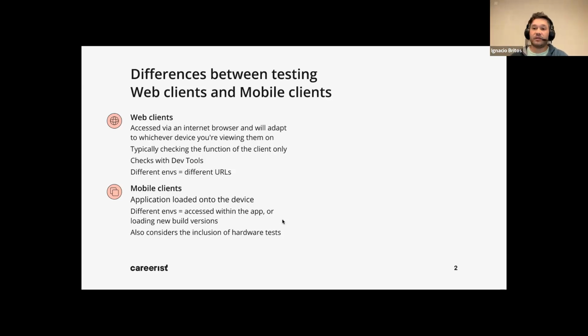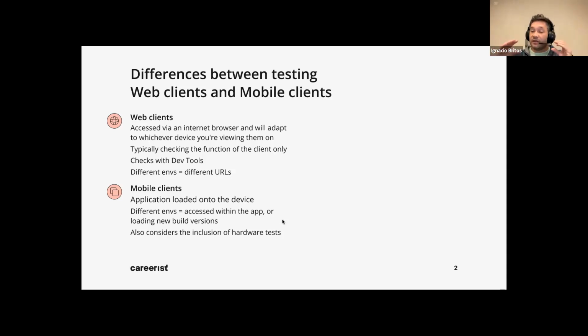And it will depend on that. Whether you are using a Mac computer, a Windows computer or a tablet, you will be using an internet browser. On the other hand, in mobile clients, what you will be using is an application which is loaded into a specific device, right?